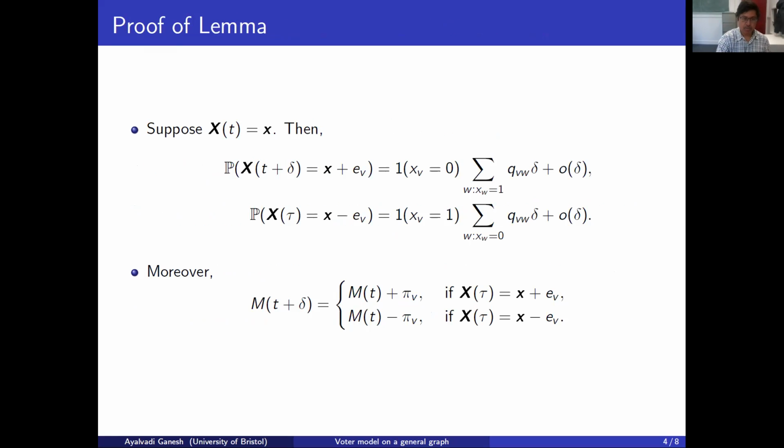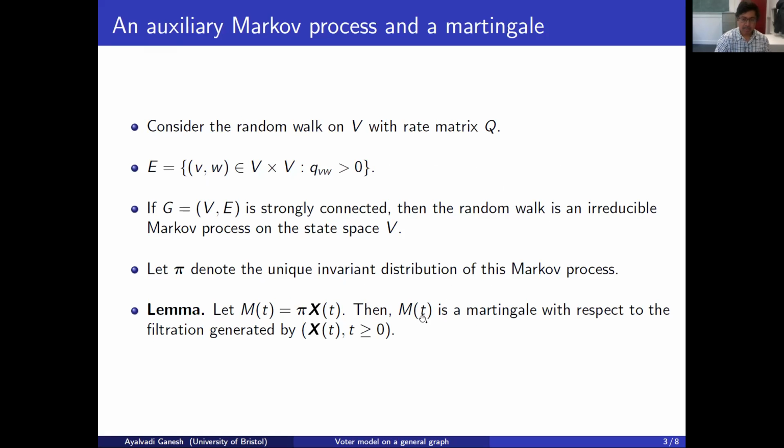Okay, what do we have to prove firstly? To show that m_t is a martingale, we want to show that over some very small time interval delta, the expected change between m_t and m_{t+delta} is small. So if you look at m_{t+delta} minus m_t, the conditional expectation of this difference, given the history up to time t, is little o of delta.